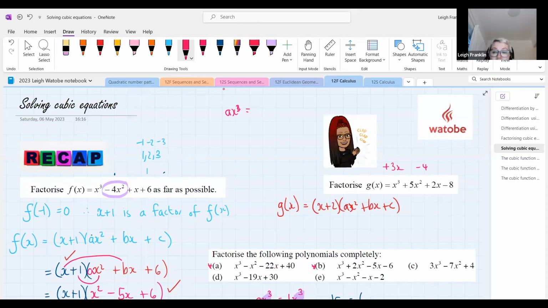Everybody else, let me explain what she did, because she did it very quickly, but she obviously understands exactly what she's doing. x times ax squared gives us ax cubed. She had a look here and said, I've got 1x cubed, so that means that a is equal to 1. Then she said 2 times c.